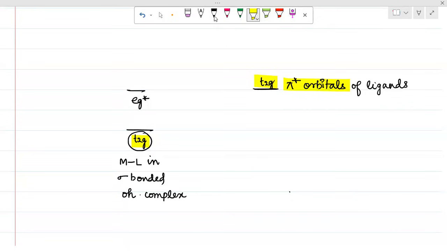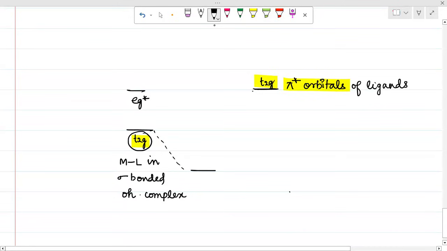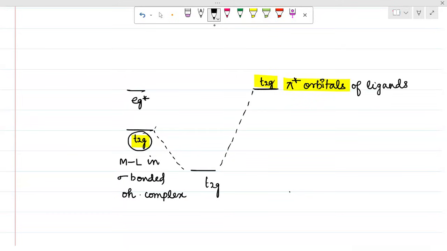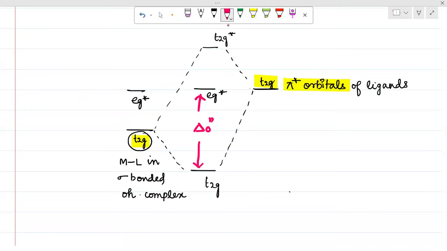Now, if you mix it, what will happen? This will mix to form T2G and it will mix to form T2G star. The diagram is simple, but look at the concept. Now EG star comes over here, no change in the position. Can you see that the gap has increased? I'll write it as delta O double dash. So this was delta O earlier when you had just sigma bonds.